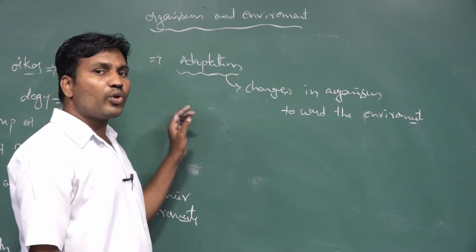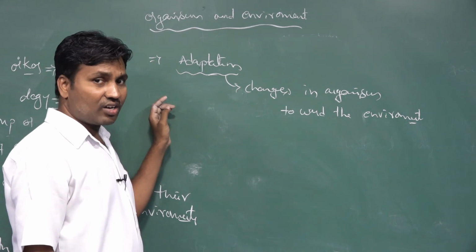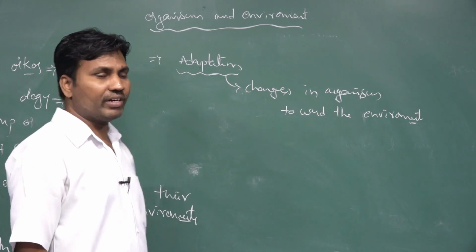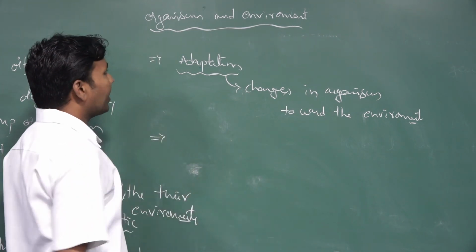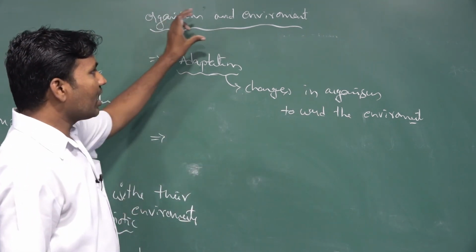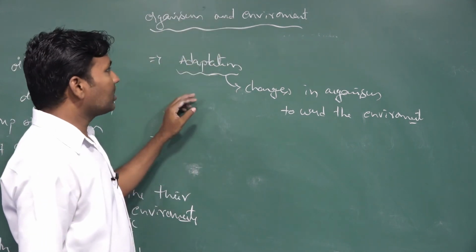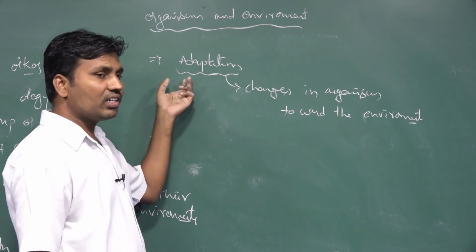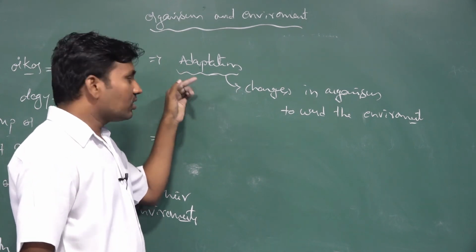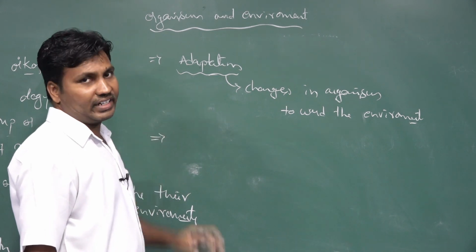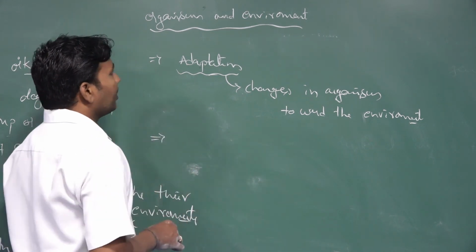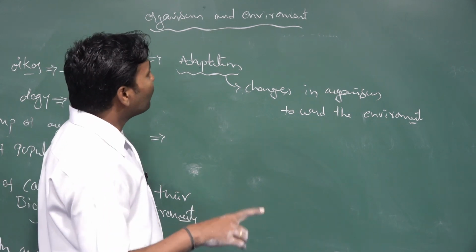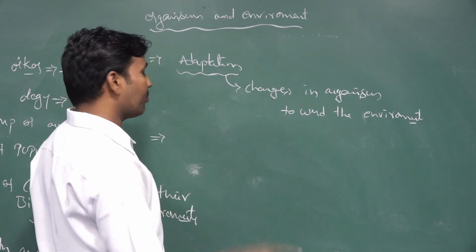So organisms adapt according to the changes occurring in the environment. Organisms adapt to survive in a particular environment, and according to environmental changes, their bodies also change. So this is how organisms are influenced by changes of the environment.